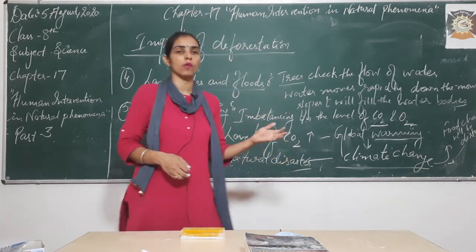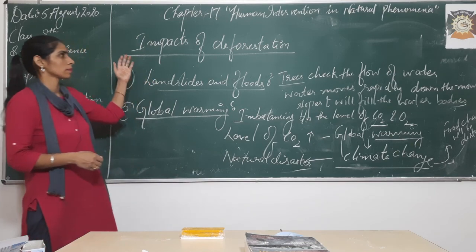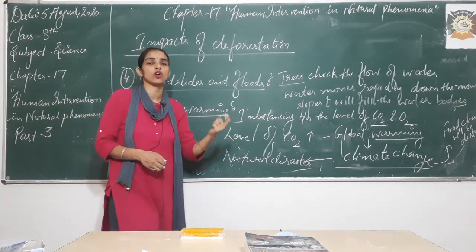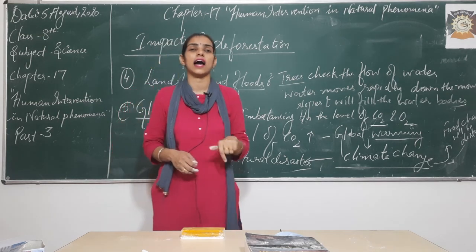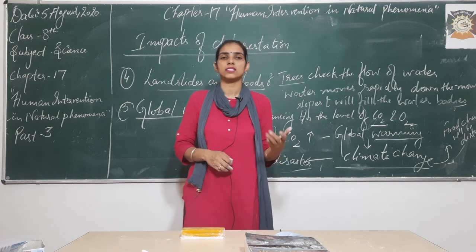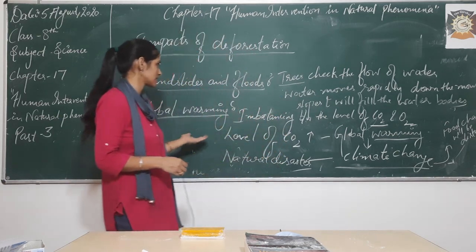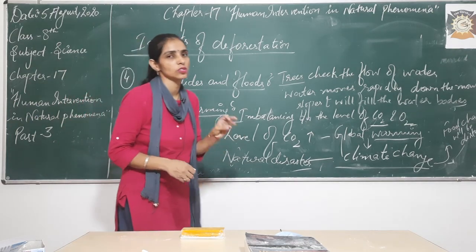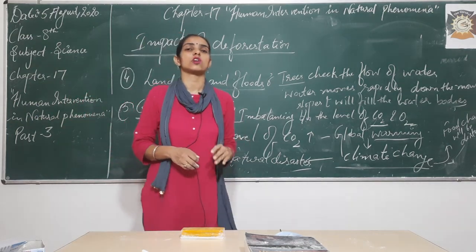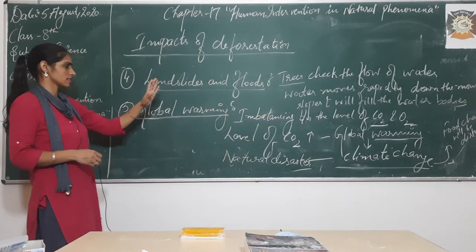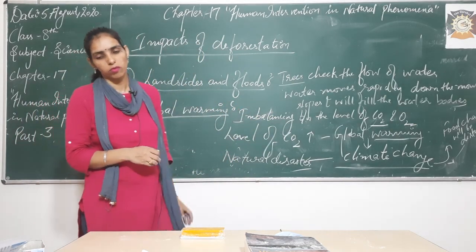So this is how it happens, how the impacts of deforestation take place, how it takes its toll on our physical and mental health. Okay, our survival becomes impossible because of the various reasons, that habitat loss is there, okay, depletion of resources is there, changes in soil properties and soil erosion, and then next is landslides and floods, and last is global warming.